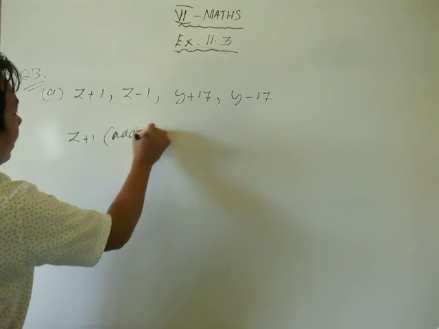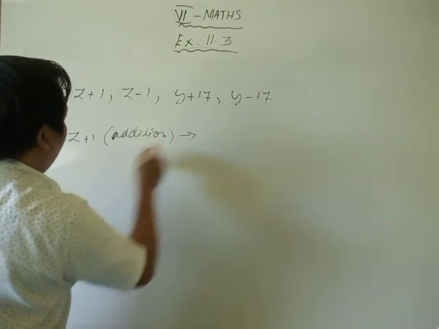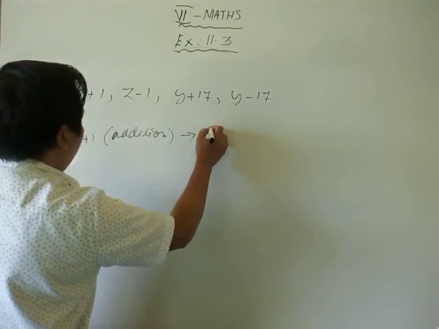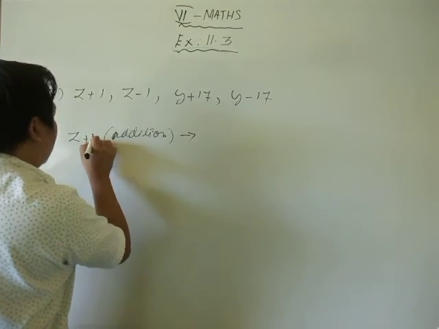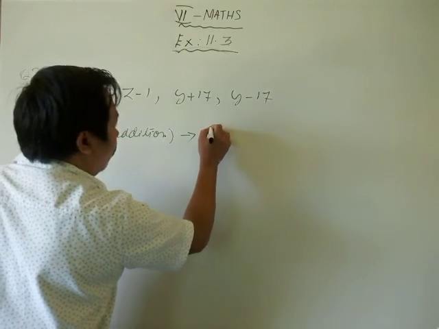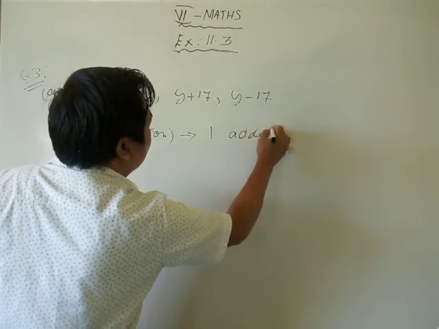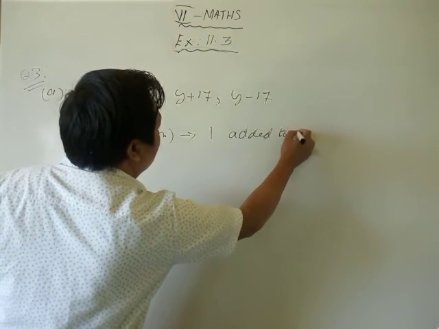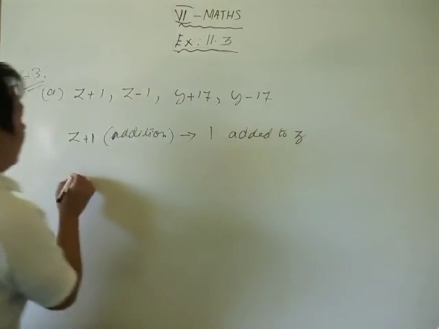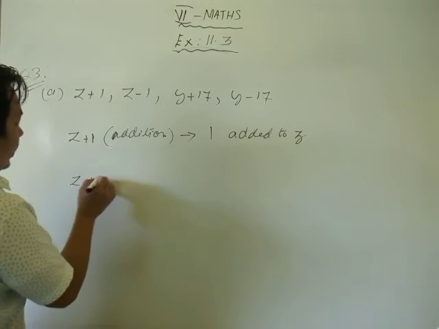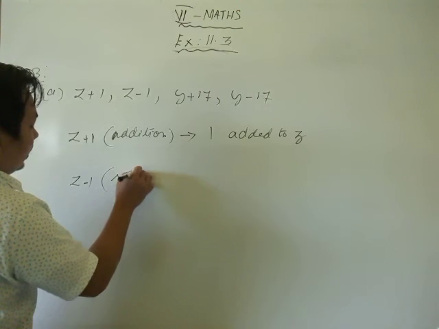How is it formed? 1 added to z. Next, z minus 1. The operation is subtraction.